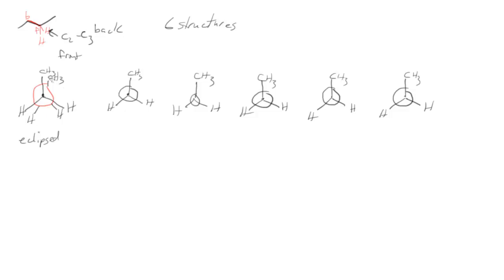My next one, if I rotate this around this way just a little bit, will become staggered. And if I keep rotating, my next one, it will be eclipsed. My next one, it will be staggered. My next one will be eclipsed again. And my last one will be staggered.